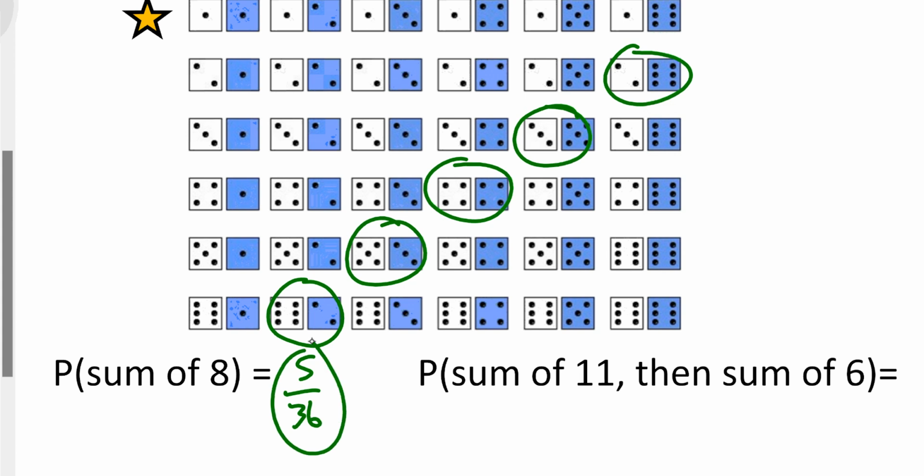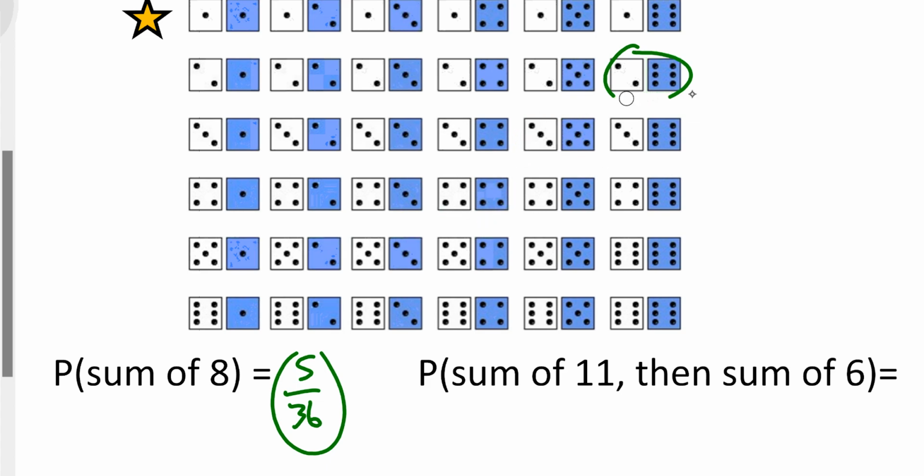How about a sum of 11 and then a sum of 6? So we're rolling 2 of them now. Sum of 11, you've got to find all the ones that sum to 11. It's just 5 and 6 or 6 and 5. So there's only 2 of them. So our chances are already kind of low.